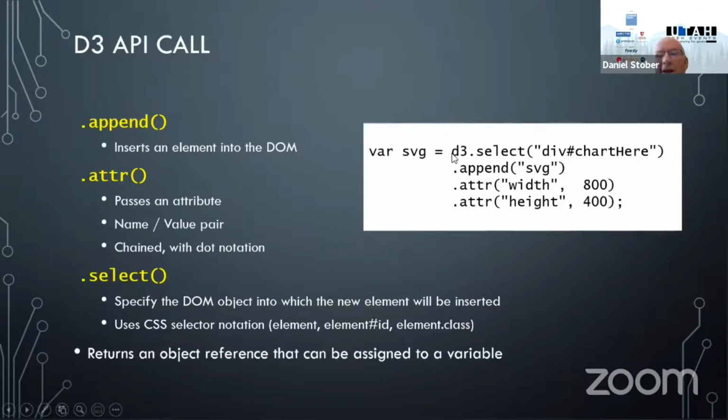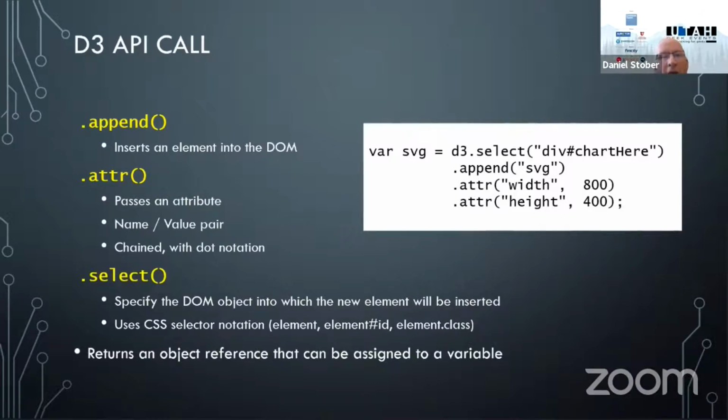Okay. The last thing that I want to call out here is that this API call can return a value. In fact, it always returns a value, but we don't necessarily have to assign it to anything. But in this case, it's going to return a pointer or an object reference to the SVG that was created by this append. Okay, and so I'm assigning that to a variable. Now I named the variable SVG. I didn't have to do that. It's a JavaScript variable.